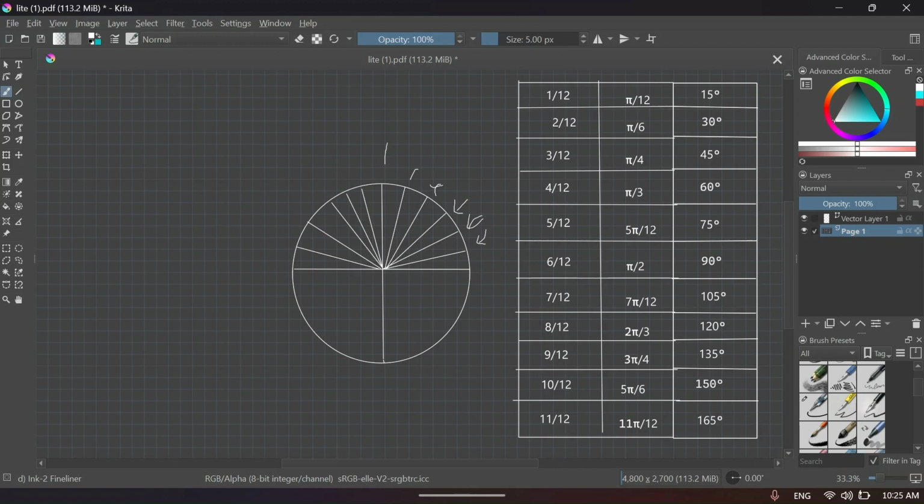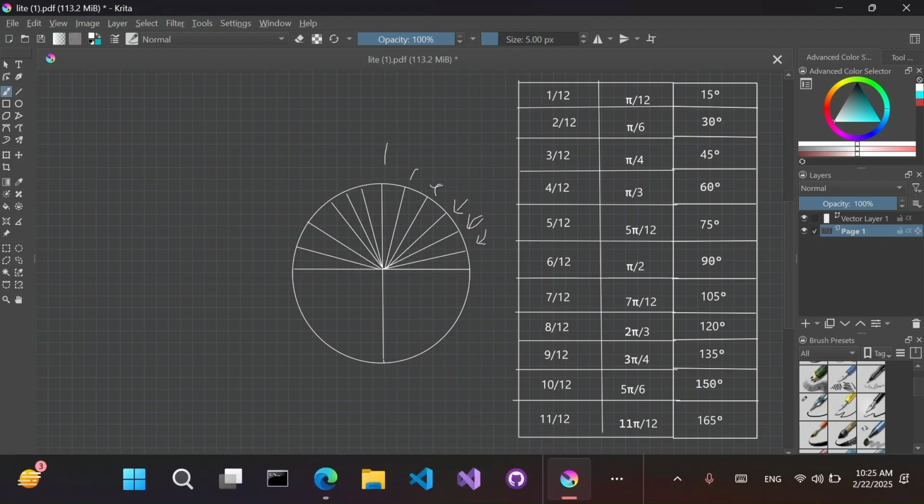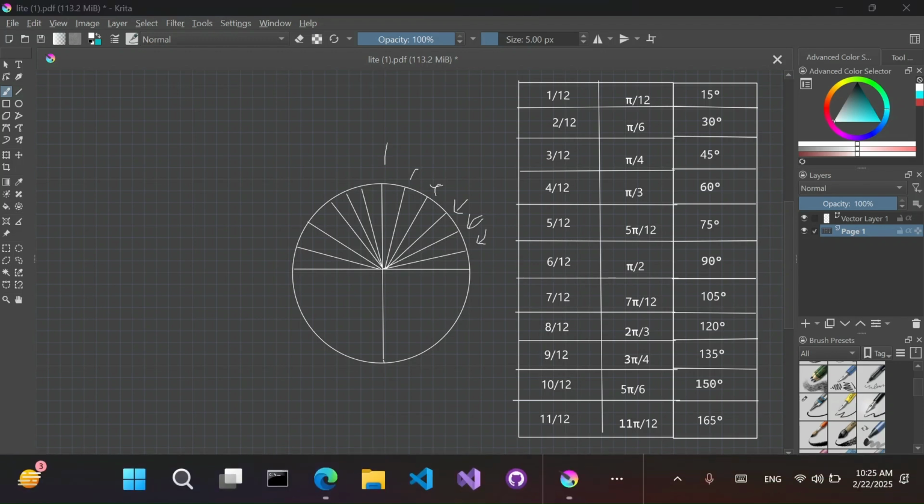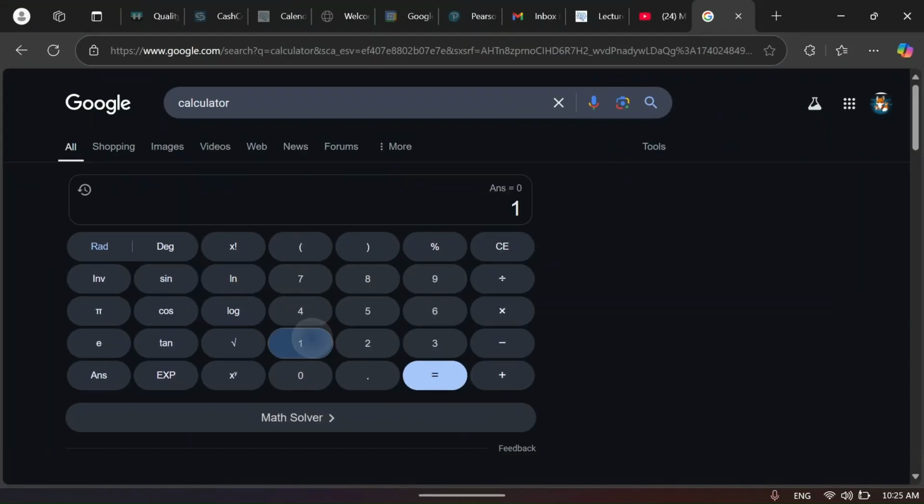So for the 1/12, if we apply the pi and whatever else we need to, we end up with pi over 12, 15 degrees. Where is that coming from? Well, remember how I said pi is equivalent to 180 degrees? If you divide 180 by 12, you get 15 degrees.